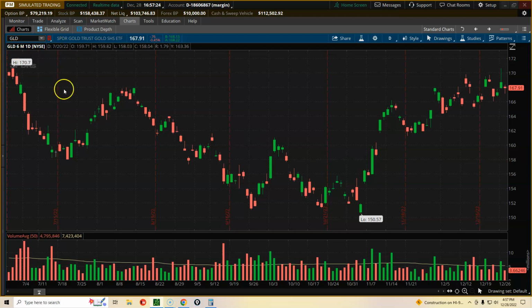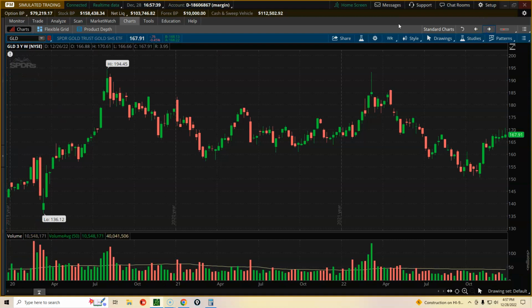6 months, 1 day per candle. What I'm seeing is this high at about 170, and I'm seeing a low around 150-ish, just to quickly eyeball it. Look at 3 years, 1 week per candle. Looks like it got close to 190, 194, 195 twice.